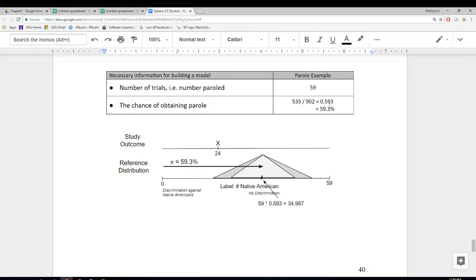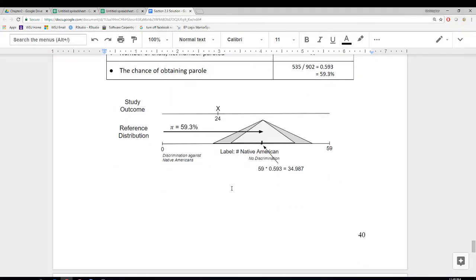About 60% of the people received parole, or 59.3%, so my expected quantity using this approach is, again, right around 35. The parameter value is that 59.3%: 59.3% of the people eligible for parole received parole. This is the setup for this alternative approach.